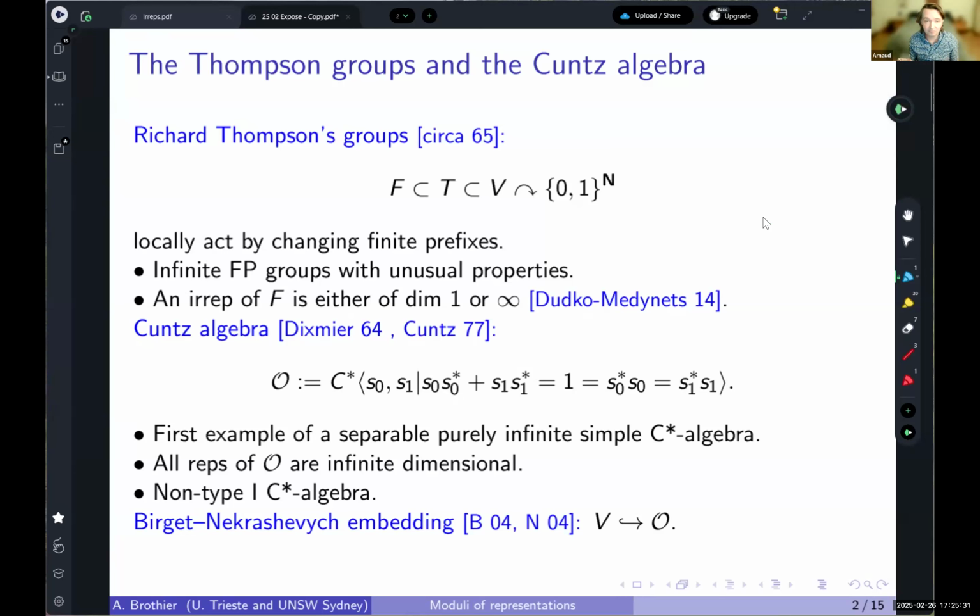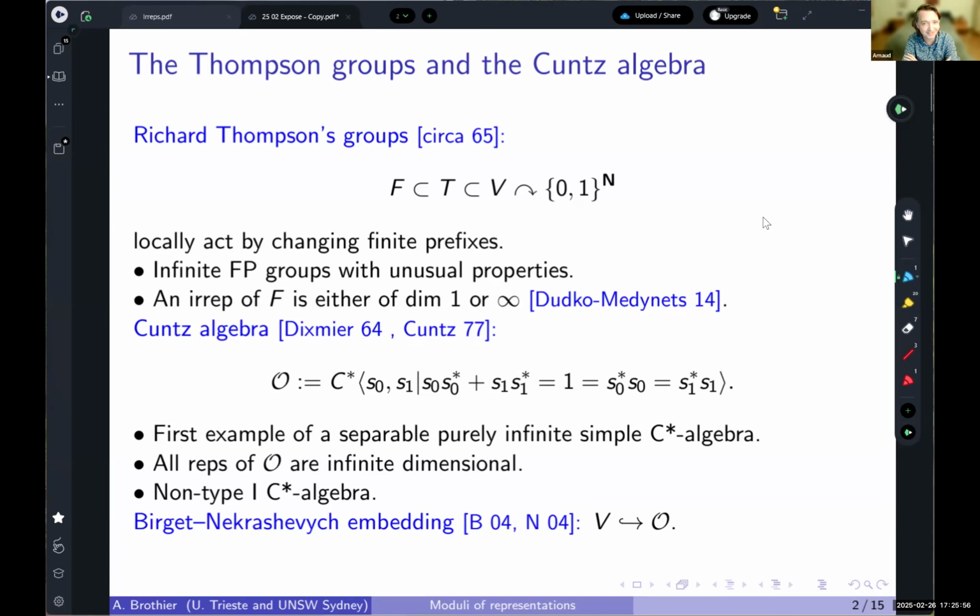Okay, so that's a bit what we know about analytical properties, so not much. The only thing we know is that it's inner amenable, and that was proved by Paul Jolissaint in 97, I believe. Okay, but today I'm going to talk a bit about representations. And for me, a representation of a group is always unitary.